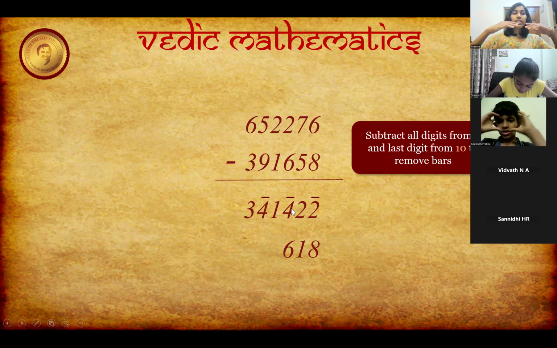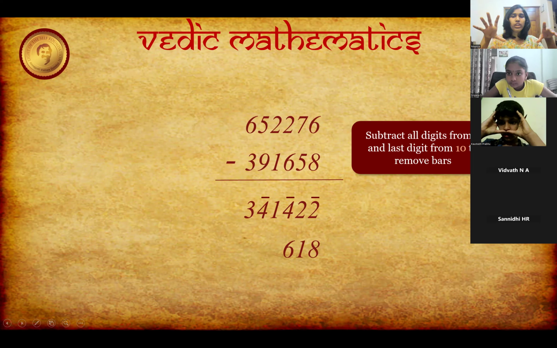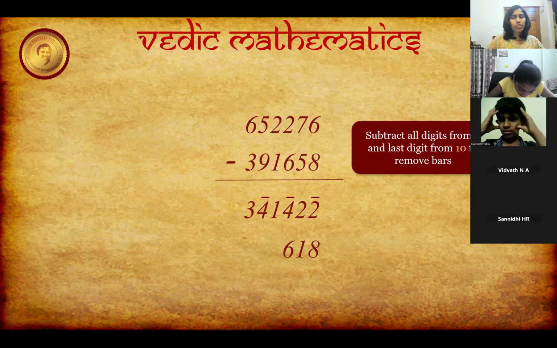Only if there are consecutive bars, you take all from 9 and the last from 10. If the bars are separated, then you take all from 10. So you subtract it from 10 here. Now 1 doesn't have a bar, so we take the predecessor. Now 4 has a bar again, but because it's not a consecutive bar, we subtract it from 10.